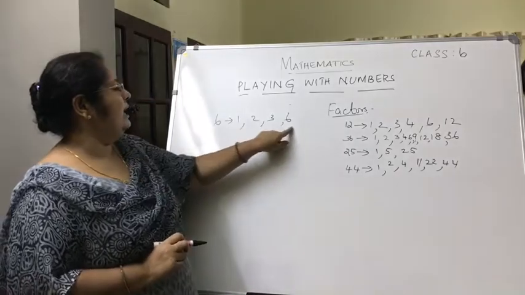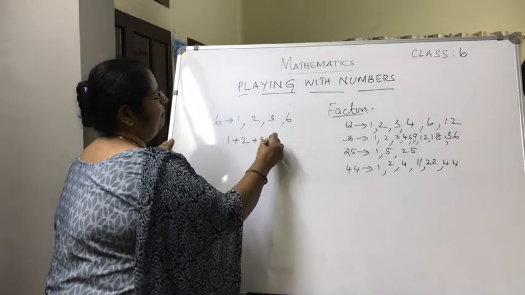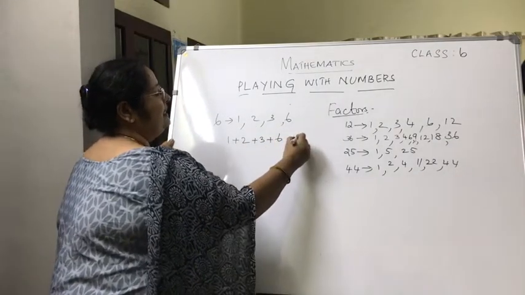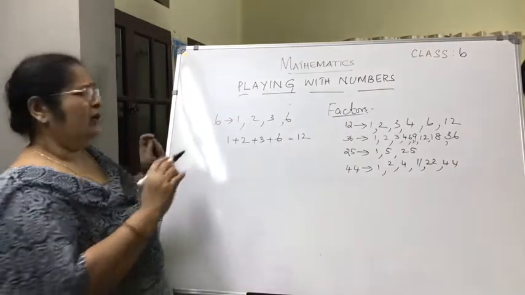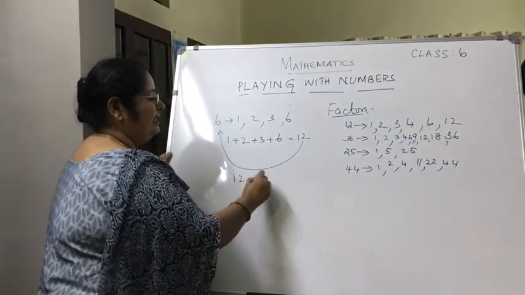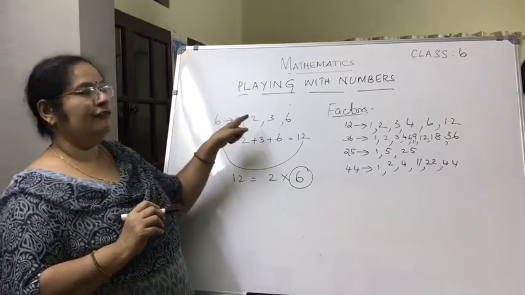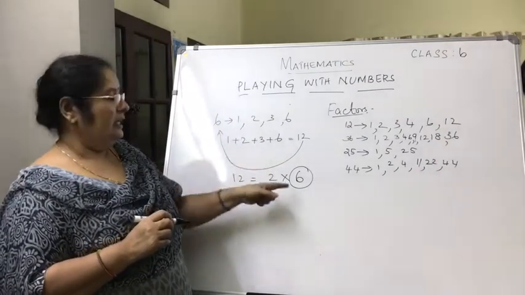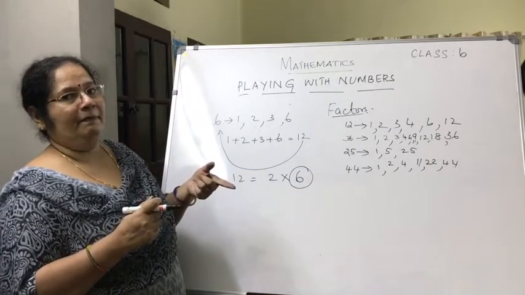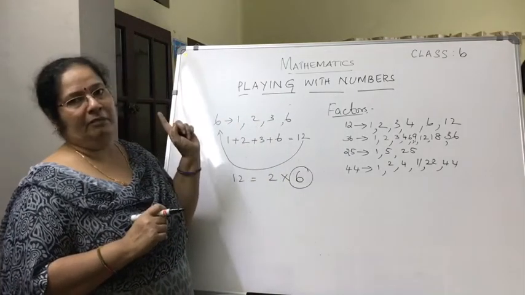Now let us add all these factors. 1 plus 2 plus 3 plus 6. 1 plus 2, 3. 3 plus 3, 6. 6 plus 6, 12. The sum is 12. Now what is this 12? The 12 is 2 times 6, the given number, the number whose factors we have found out. If you multiply it with 2, that is twice the number, it will be equal to the sum of the factors of that number.